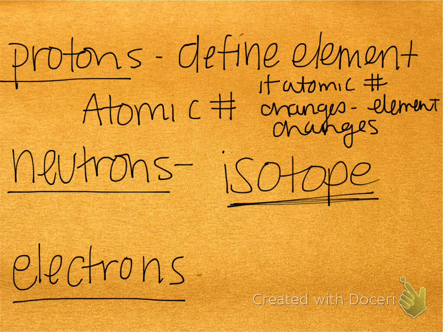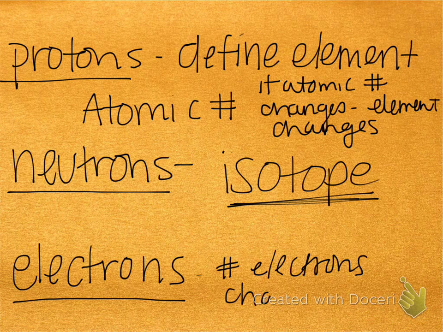So with electrons, it's when the number of electrons changes. We have what we call an ion. So that's what the focus of this lecture is going to be. So an example of something where your neutrons change, this isotope, would be we might have oxygen that has 8 neutrons, and we might also have oxygen that has 9 neutrons.